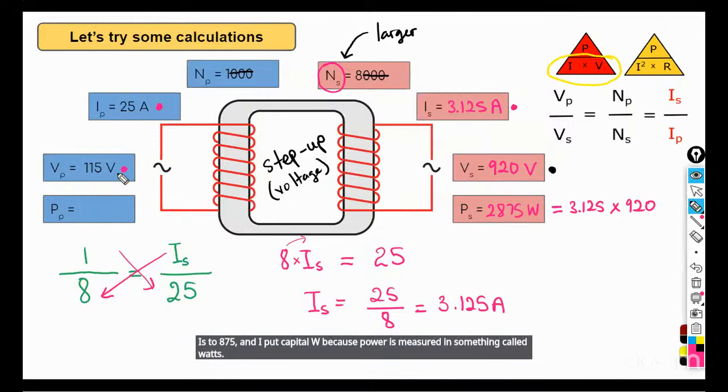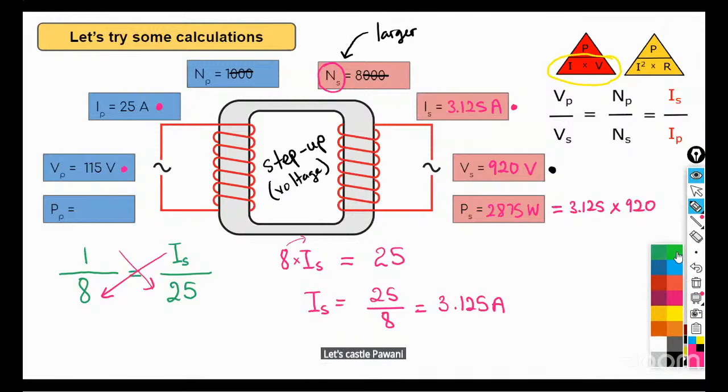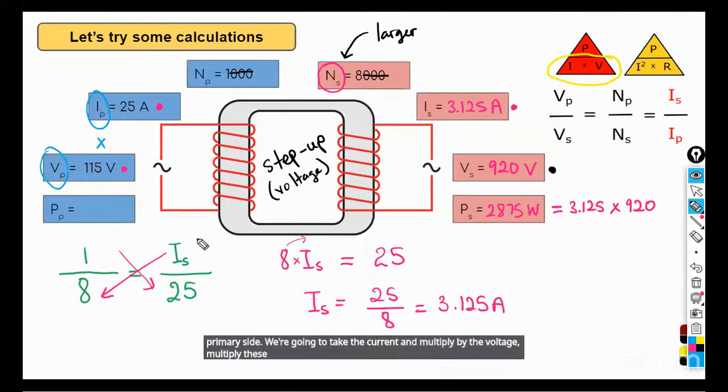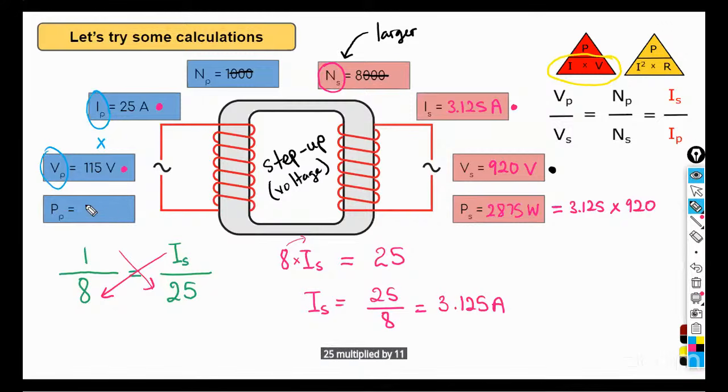Let's calculate the power on the primary side. We're going to take the current and multiply by the voltage. Current by voltage for this side will give us the power on this side. 25 multiplied by 115, we got the same exact thing, 2875.